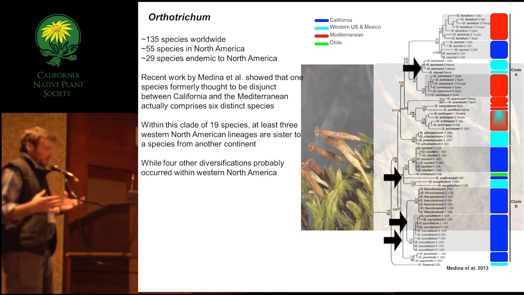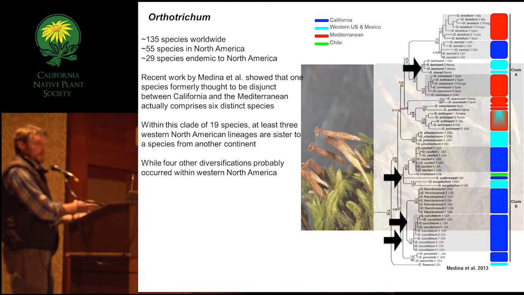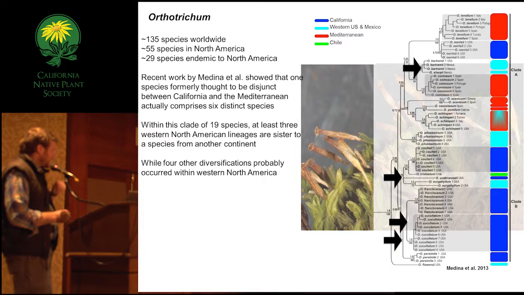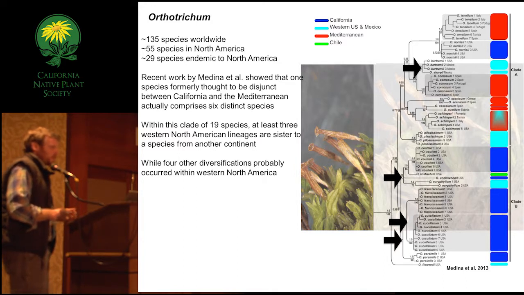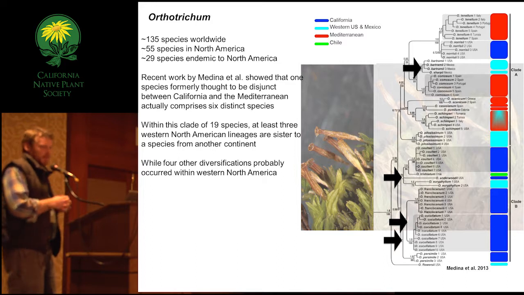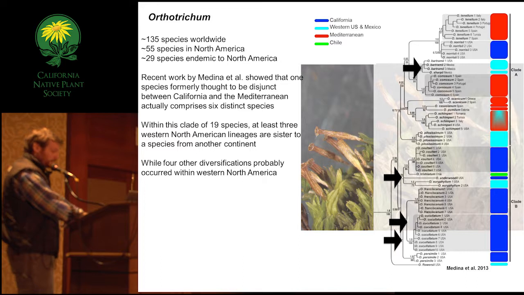So within Orthotrichum, you have both cases: things that are diversifying at this global scale, and also diversification happening at this more local scale. And I think that this presents some difficulties that you don't encounter as much in studying vascular plant evolution. So you have to take a more global look to understand which lineages actually are diversifying right here in California.